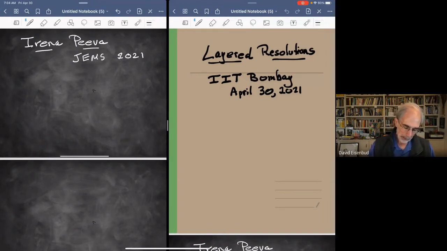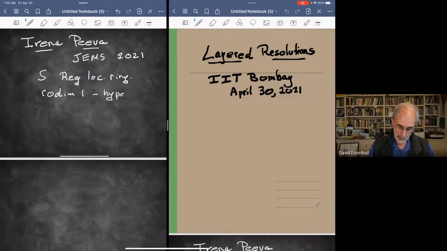So the idea is to go from a regular local ring, let's say, where by Hilbert's syzygy theorem, all resolutions are finite, to the next cases. And the next case seems to be codimension 1, namely the case of a hypersurface.